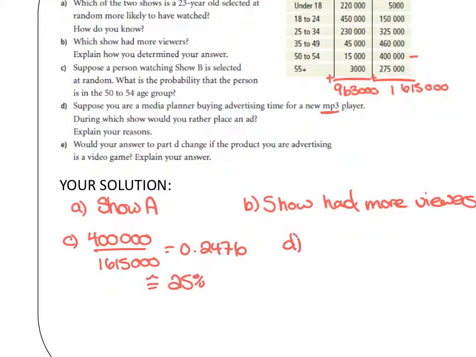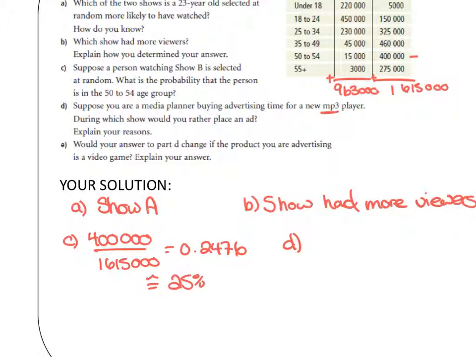So when we have questions like this, I'm just going to tell you guys that sometimes it's not about getting the right or the wrong answer. It's about whether you are giving me a good enough reason as to why you're going to put that there. So for this one, some students will say, I'm going to put it in show A because it looks like show A has the most viewers between under 18 up to 34. So it is a very young audience, and that's who would be more likely to buy the MP3 player.